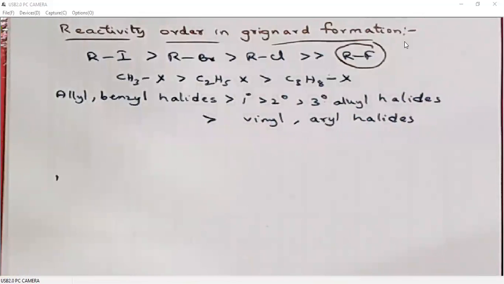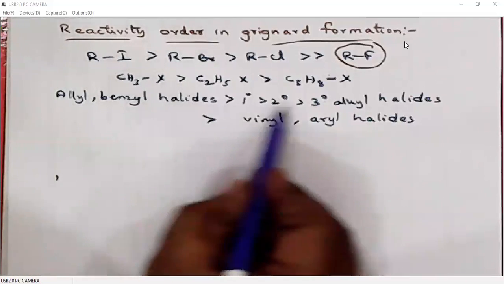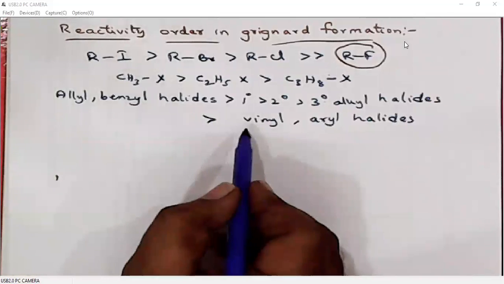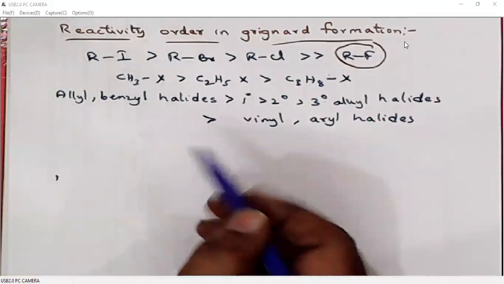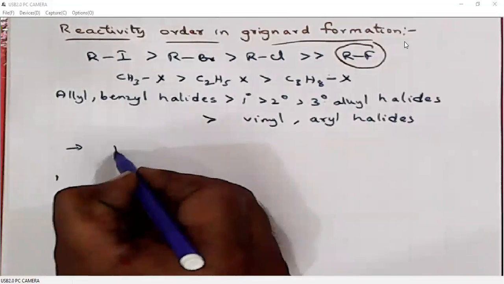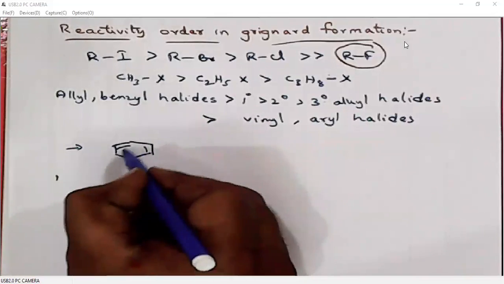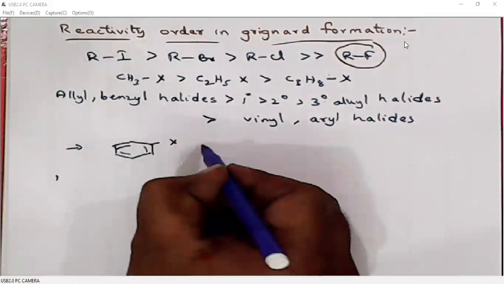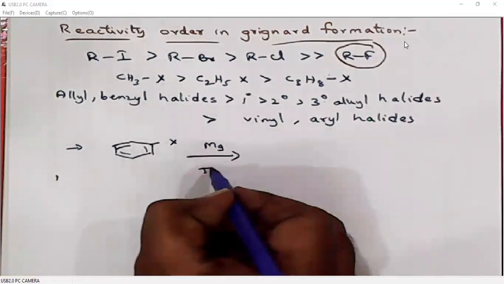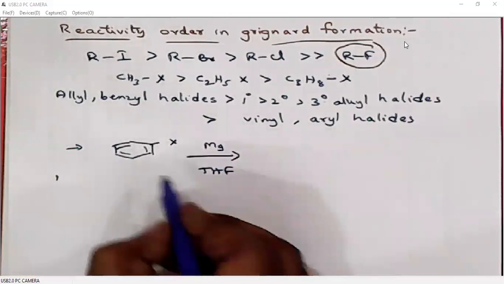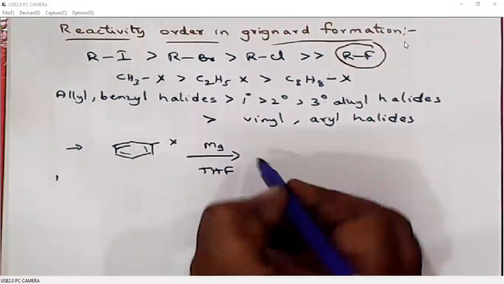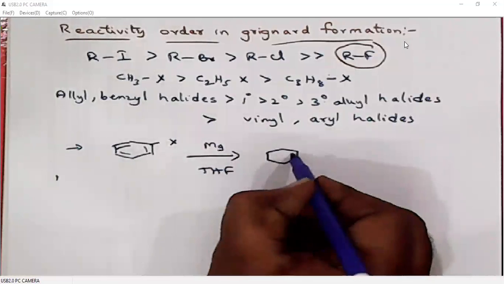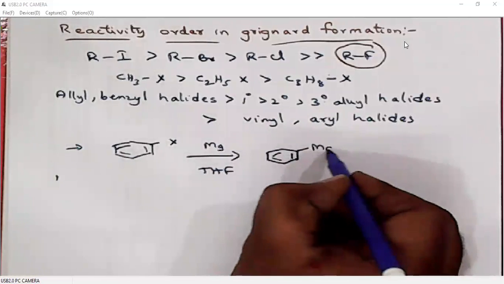Of course, we can understand this because in vinyl and aryl, carbon is sp2 hybridized. So the bond length is small compared to normal alkyl halides. So it is less polarized compared to these. So that is why generally we use THF as the solvent when we want to prepare phenyl Grignard reagent or vinyl Grignard reagent.